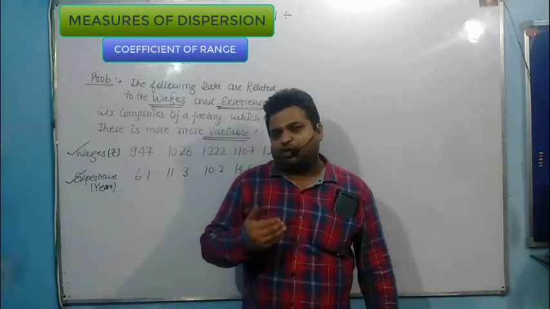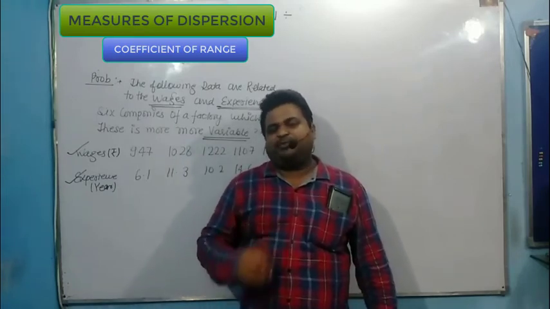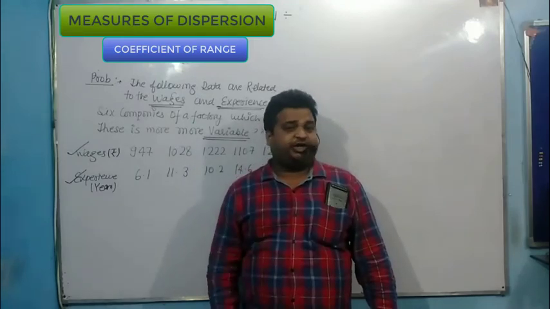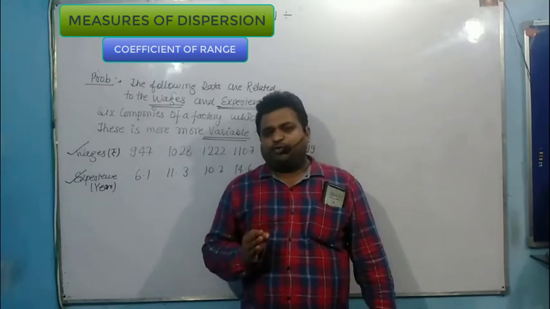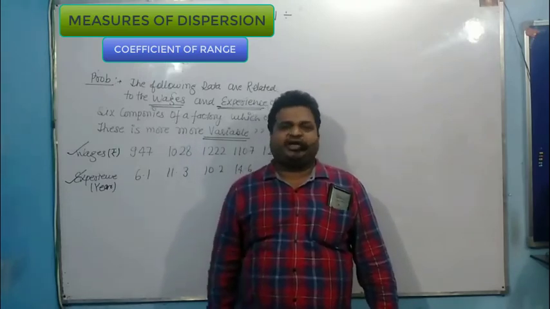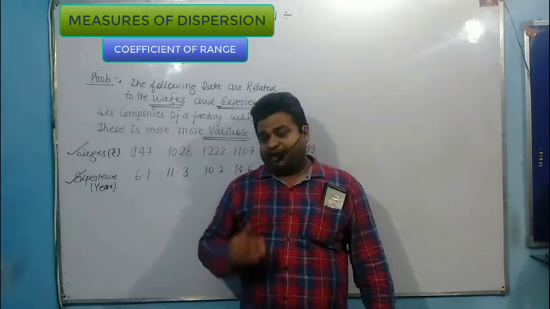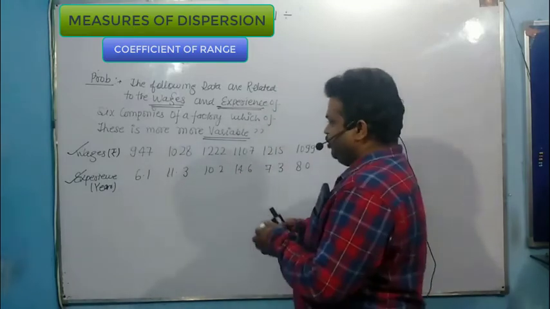So you need to calculate the parameter which is unit independent. Separately I am going to calculate the coefficient of range of wages and the coefficient of range of experience. The value having the least coefficient of range has less variability, and the maximum value has more variability.